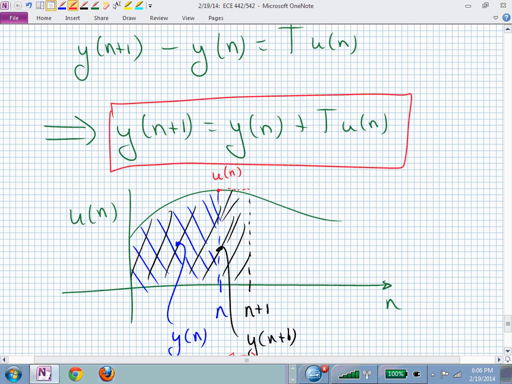Or you could think of y of n as the memory in your system, and it remembers what happened up to time n, and now it gets some new information, and the new information it obtains is this additional little piece of area to enhance the area under that curve up to the next time period n plus 1. Questions on that?